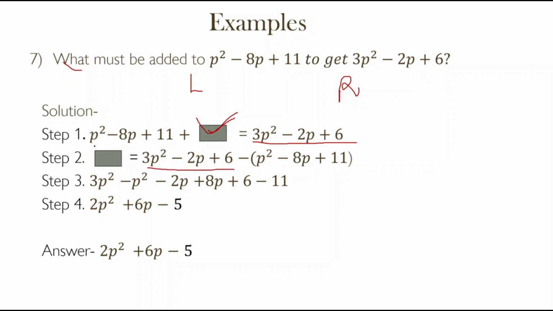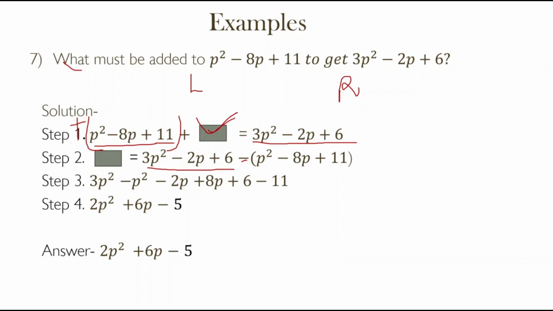And this entire thing will get shifted to the right side. So you can assume that there is a plus before all of them. Because there is no sign before it, I'm assuming a plus. So when I shift it to the other side, it's minus and everything same.